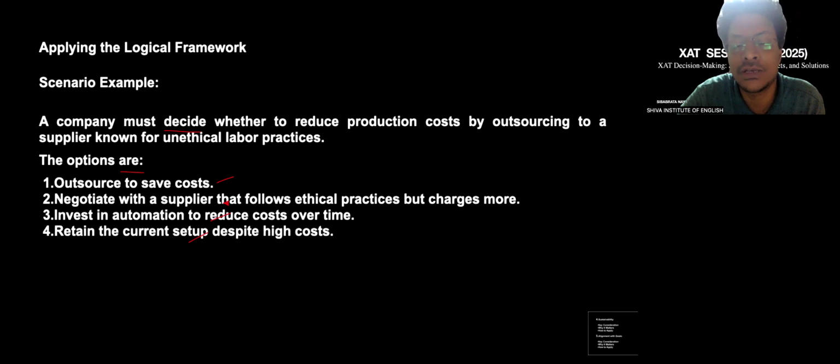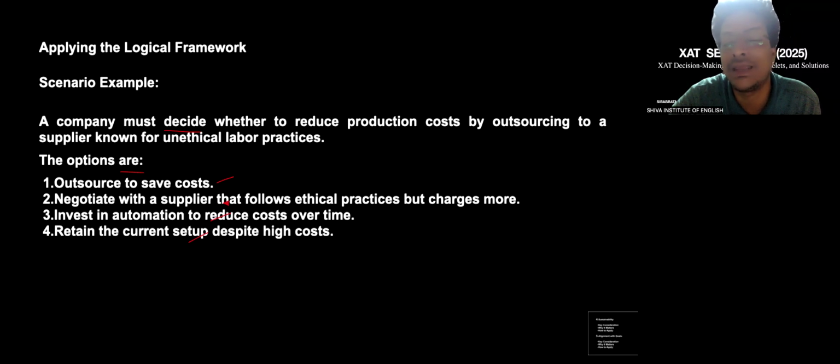Then if I talk about sustainability, we can say that it supports long-term goals, right? Then if I talk about alignment with goals, we can say aligned, isn't it? At the same time, if I go to the third option, invest in automation to reduce cost over time, ethics we can find neutral, right?